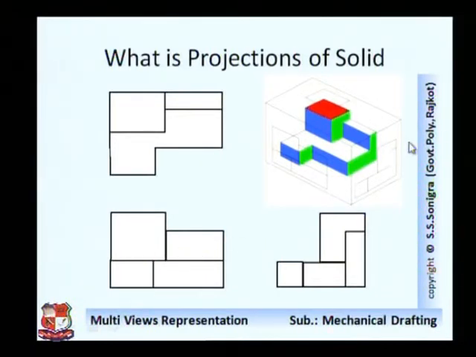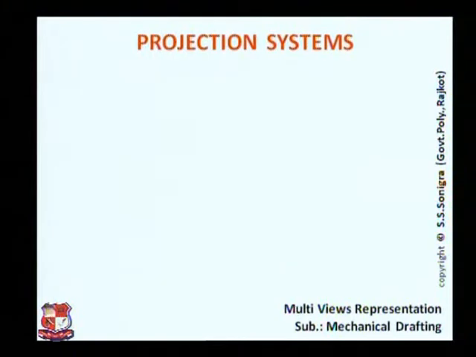If you look from the right hand side, these green colored lines would appear. And if you look from the top side, its top view would appear as shown over here. So this is a very simple example to represent orthographic projection of an object.